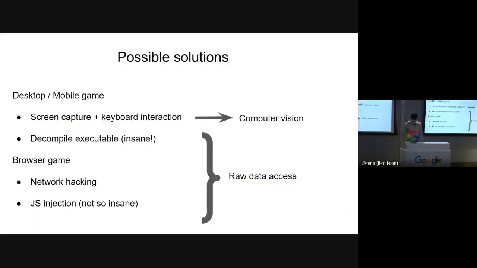And what about other cases? First of all, how do we humans interact with the game? Watching the screen, pressing the keyboard, the mouse, and so on. So one can think, let's implement a computer vision algorithm on top of it. There are a few problems here.